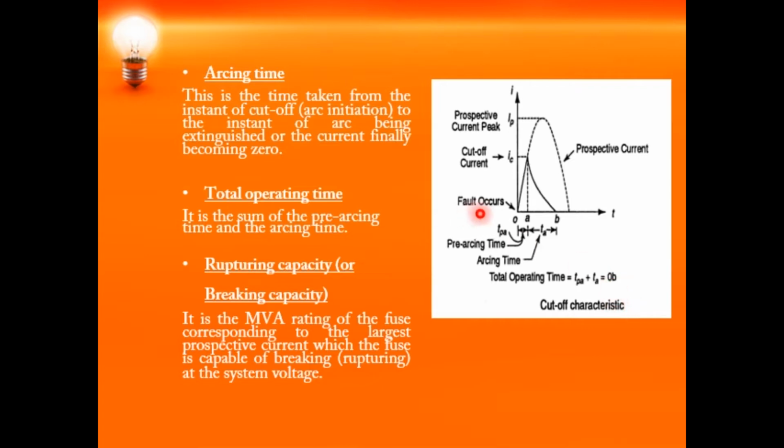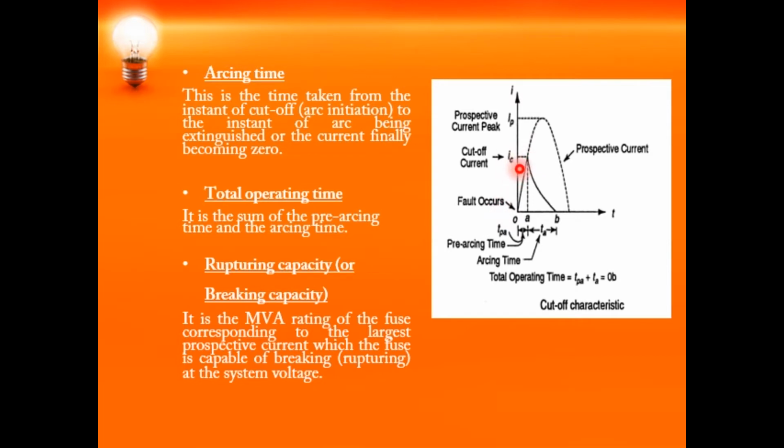If you observe these cutoff characteristics, when a fault occurs, the fault current increases. In case the fuse was absent, it would have reached the peak value of the prospective current. But since the fuse is present, the fuse will melt at the cutoff current.